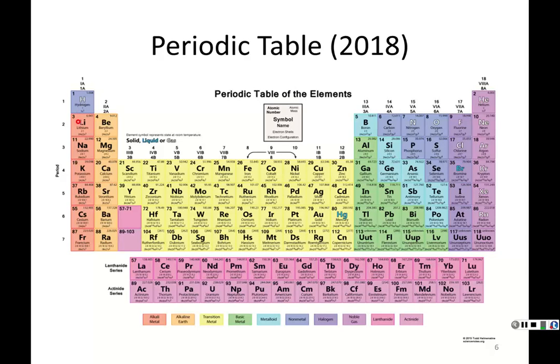In this group, you're all 1s valence electrons. These are all 2s. And you have 1p, 2p, 3p, 4p, 5p, and 6p. Then the d electrons would be in the transition metals, and the f electrons are in the inner transition metals, the lanthanides and actinides.